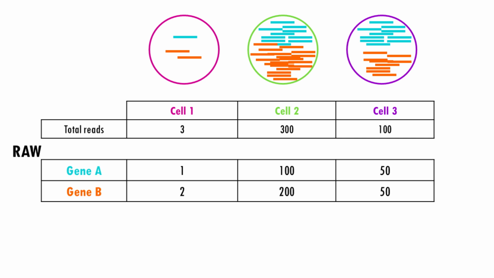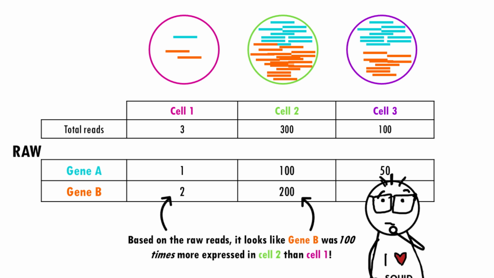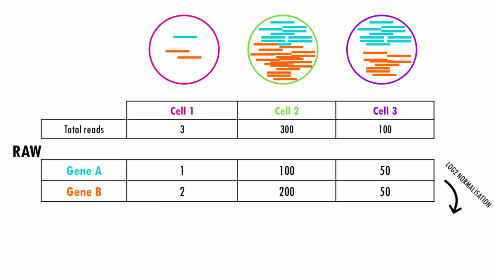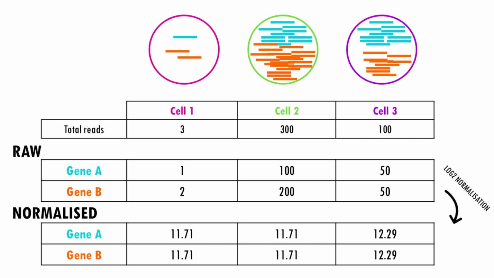So, for example, if we wanted to compare the expression of gene B in cells 1 and 2, it would seem like the expression of gene B is 100 times higher in cell 2 compared to cell 1. But if we check the total number of reads, there were many more reads to begin with in cell 2. We need to correct for this, and that is what normalization does. The standard way is log2 normalization, which will make the reads comparable across cells.